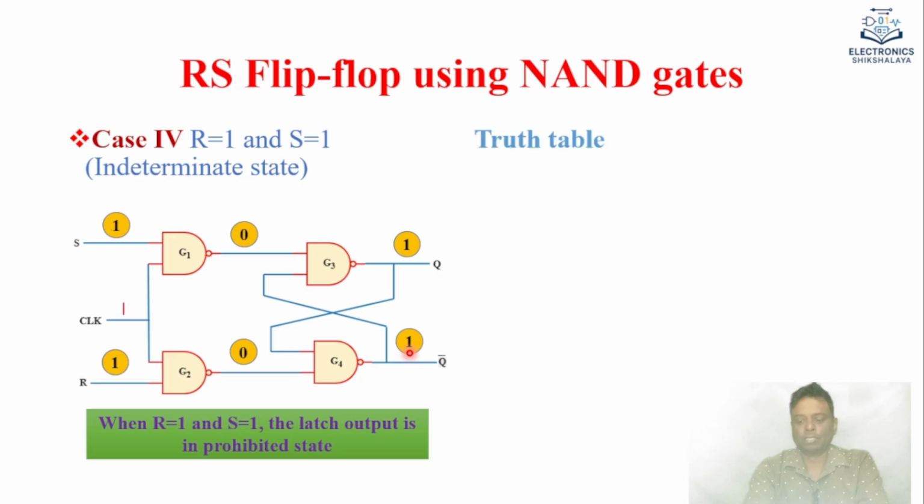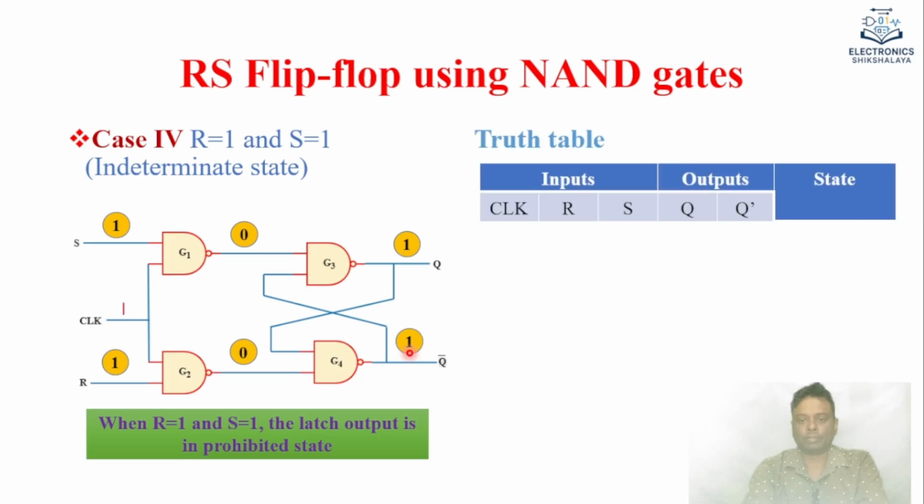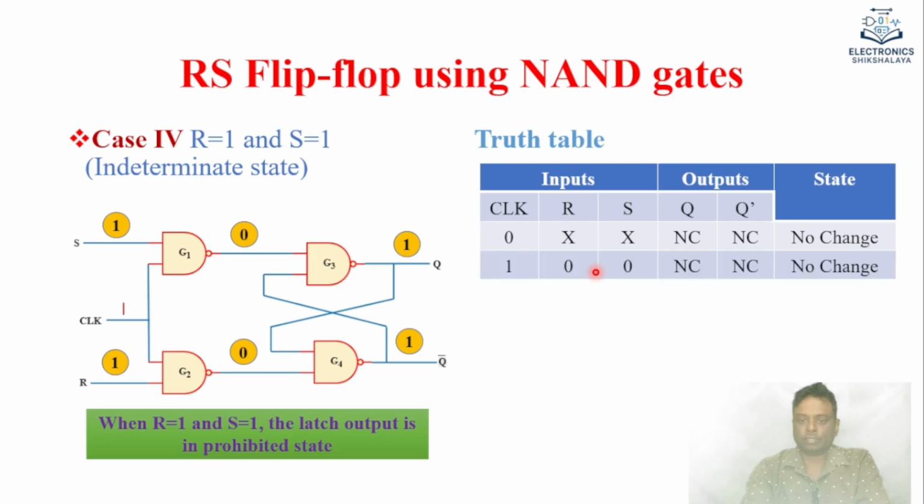So let us see our truth table. If clock is not there, it is in the no change state. If clock is not there, the latch output is in the previous state, or the latch is in the last state. That is the no change state. Similarly, when clock is there, with 0, 0 we have no change.